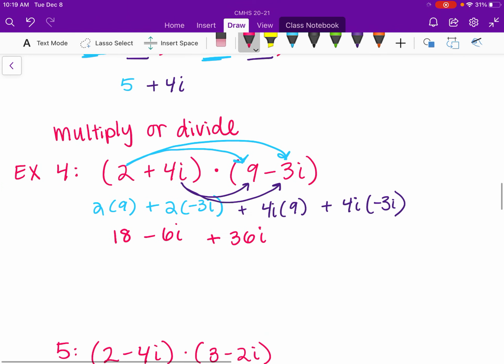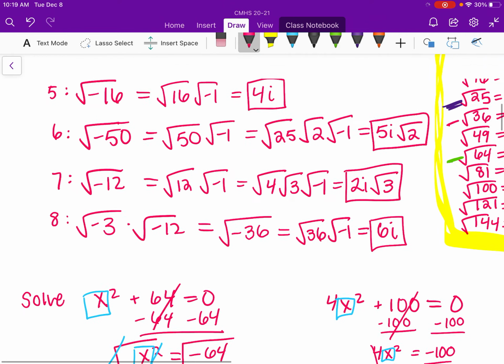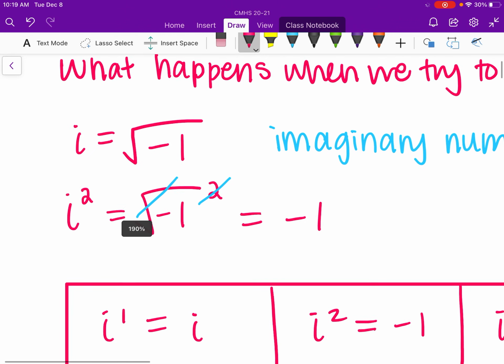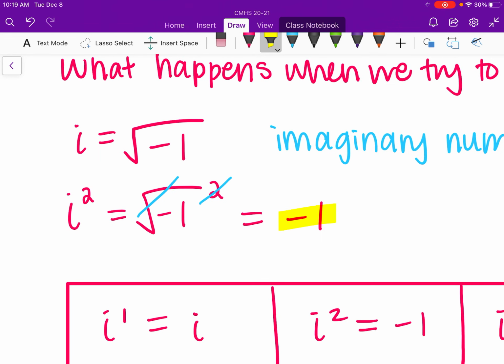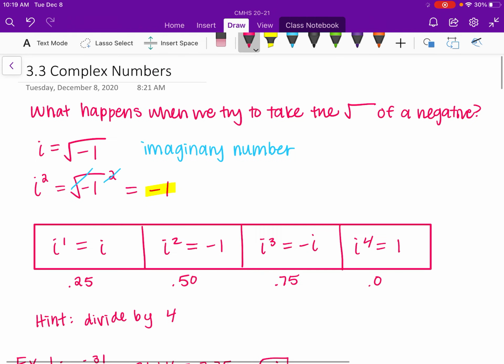However, when we come over here, I'm going to do it up here. We have 4i times negative 3i. So 4 times negative 3 is negative 12, and i times i is i squared, just like if we were doing it with a regular x. But i squared is something. What is i squared? Let's go back up to the very top of our notes from yesterday. i squared is -1.